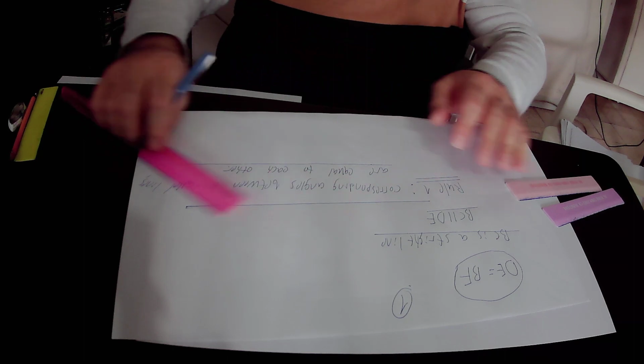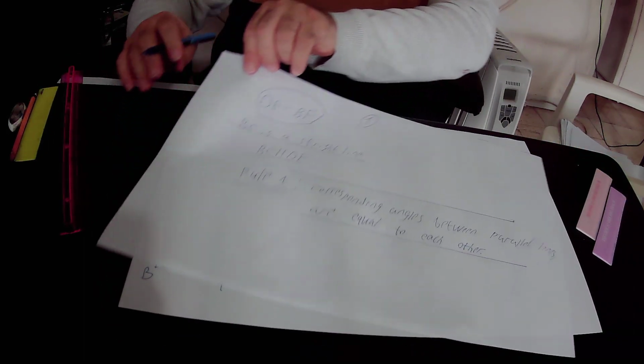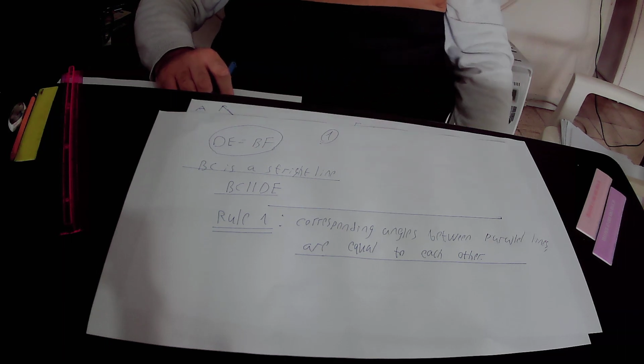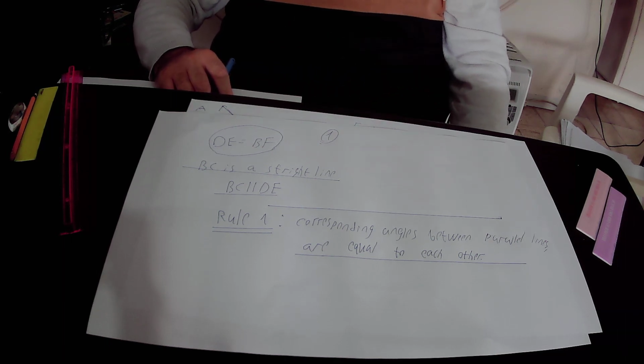I repeat rule number 1 again. According to rule number 1, corresponding angles between parallel lines are equal to each other.